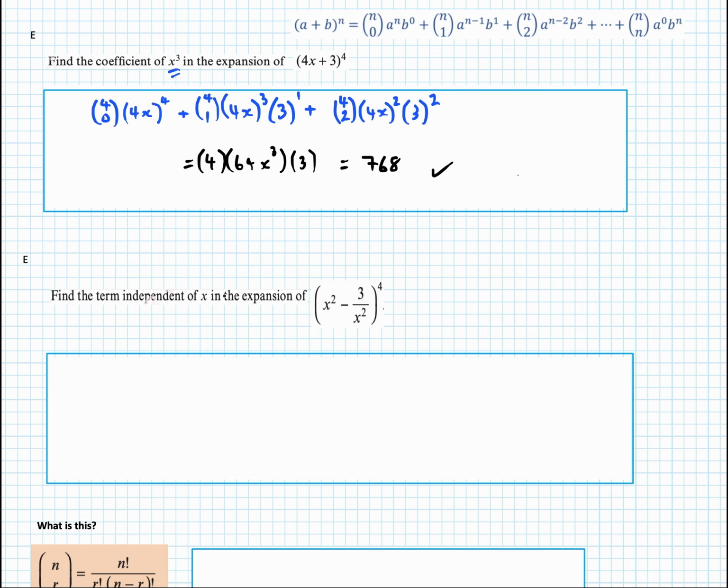Let's do what we've been doing there with our formula. The question here seems more complex. It is in a sense, but just do it out and just follow the general formula. Don't worry about that. So once again, a is x squared, and we have the power of 4.